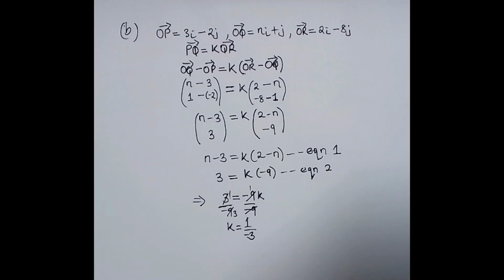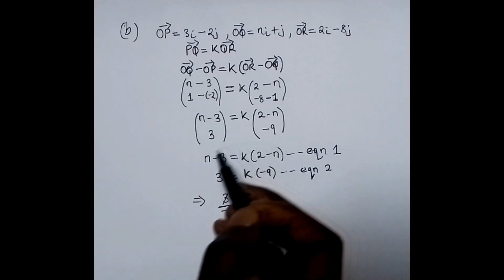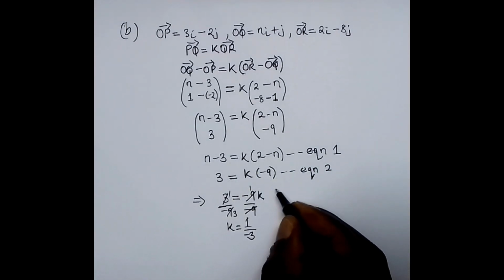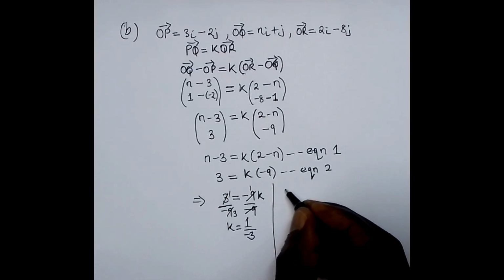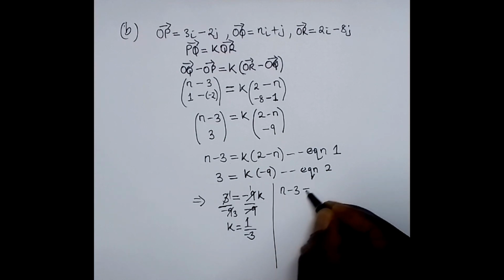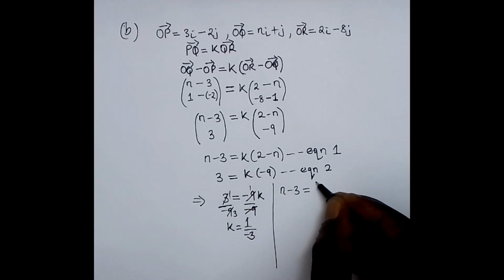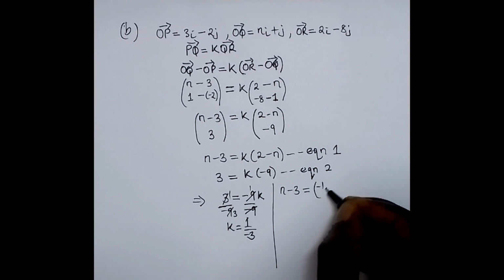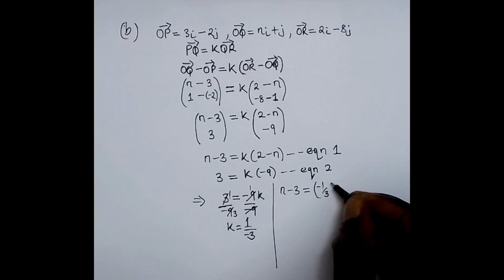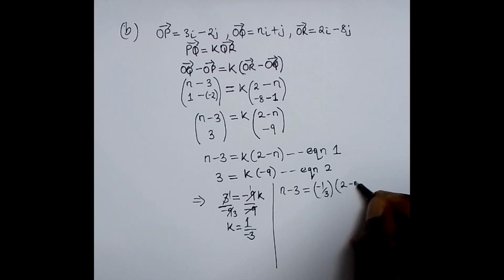Let's use equation 1, and we're going to substitute k equal to 1 over negative 3 into equation 1. So from equation 1, n minus 3 is equal to k. On k we'll put negative 1 over 3, multiplying with 2 minus n.